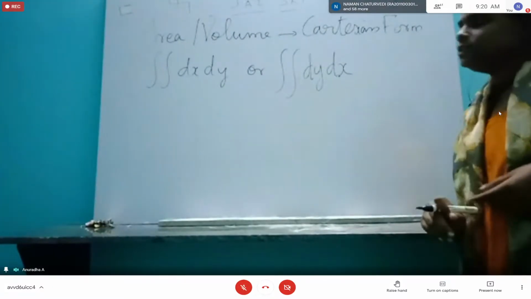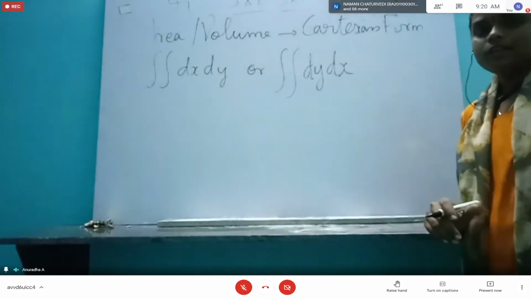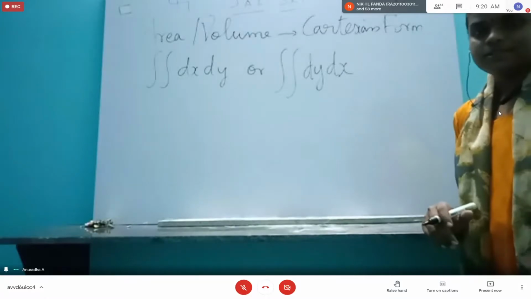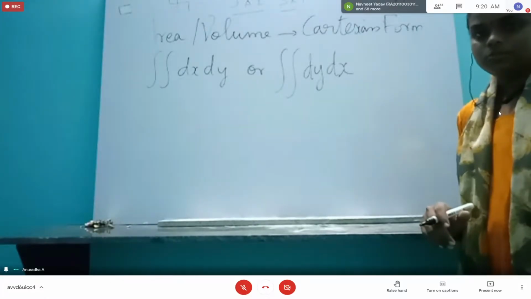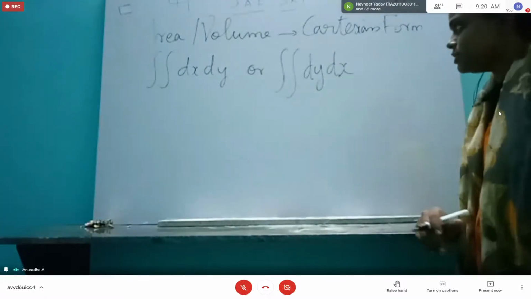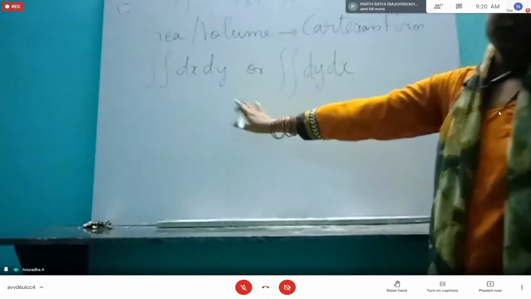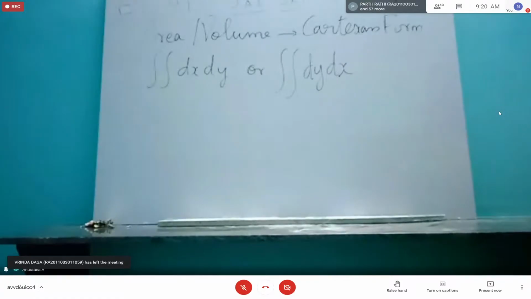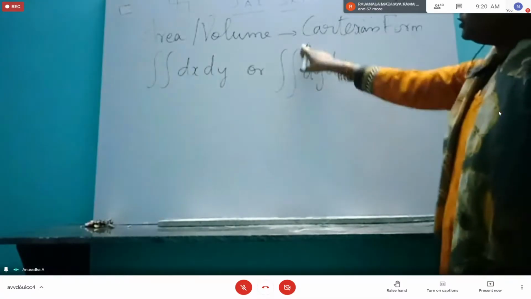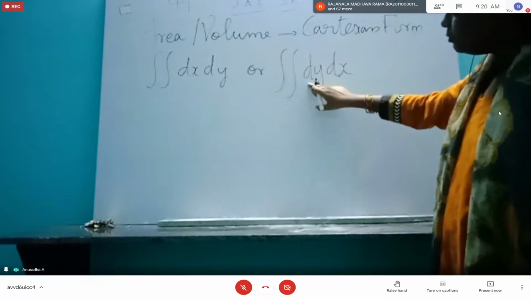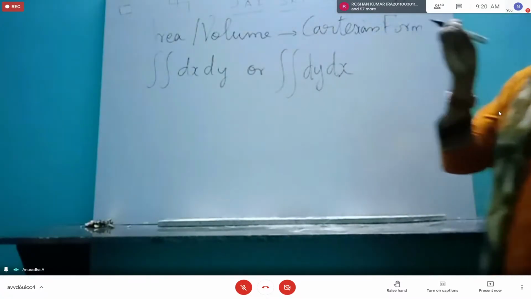So how to write the limits is like how we write the vertical strip or horizontal strip, how we did in the last class, changing the order of integration. But whether to take dy dx or dx dy depends on you only. There is no fixed order. In some questions, integration is easy, but only when applying the limits you will find some hardships.